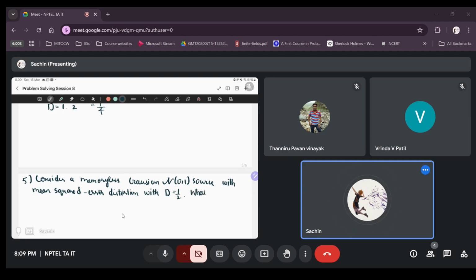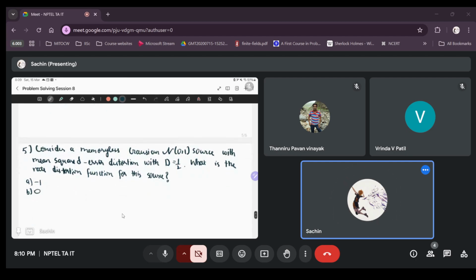What is the rate distortion function for this source? Options are -1, 0, 0.5, and 1.